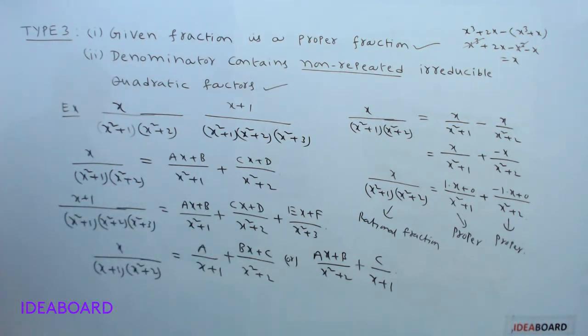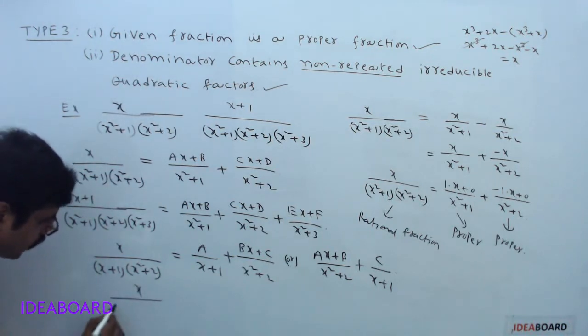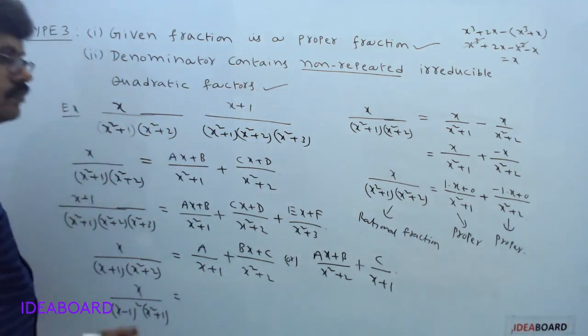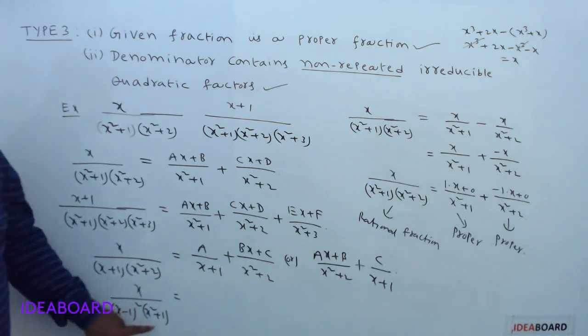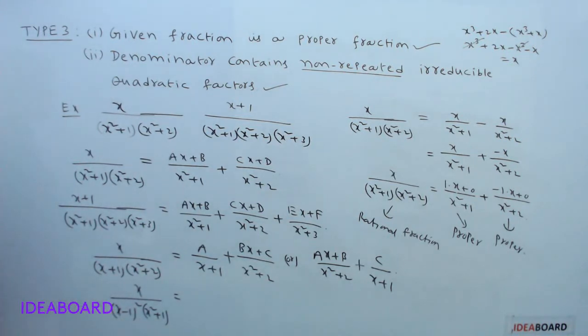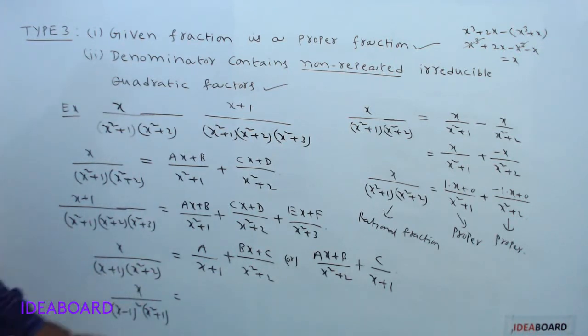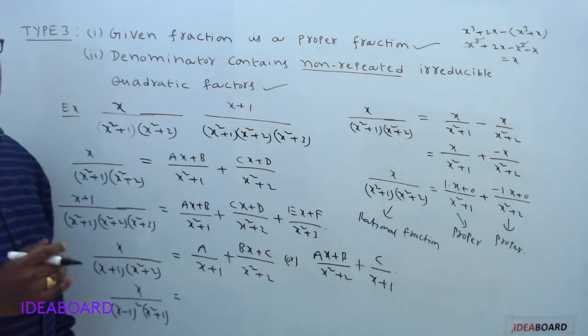Now take one more example. x divided by (x minus 1) whole square into (x square plus 1). Degree of numerator is 1, degree of denominator is 4, so the degree of numerator is less than degree of denominator.